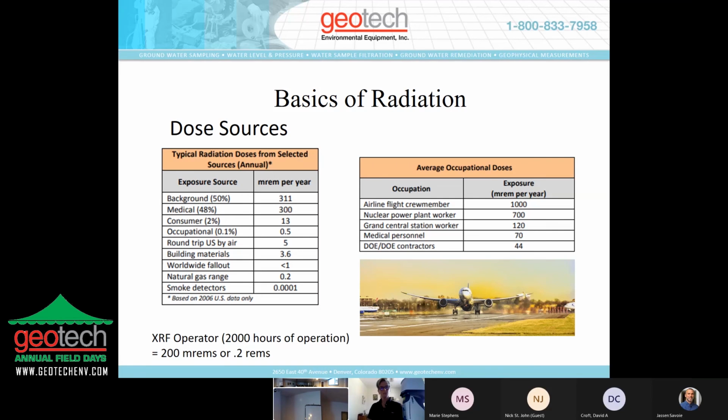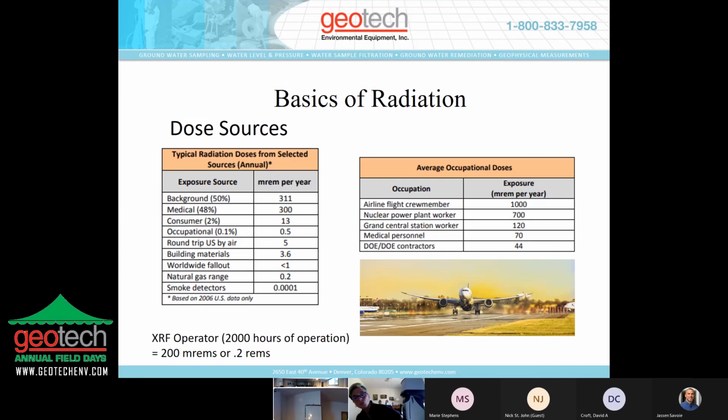But here's some of it: when you take an airline trip, you're actually being exposed to radiation. A round trip is about 5 millirem per year that you get. There's also a nuclear power plant or coal burning power plant, where you get some radiation, 2 millirem per year. We also have occupations, like nuclear power plant workers, X-ray techs, and medical personnel who get exposed to radiation.